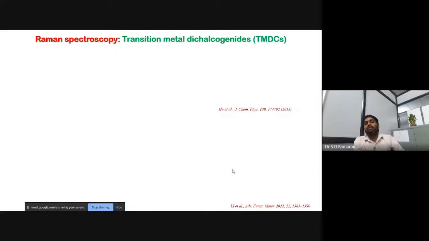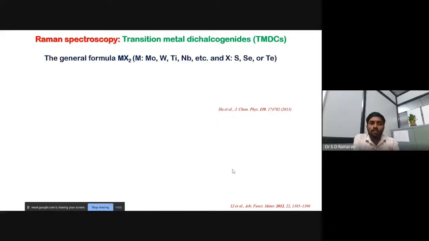And the next class of materials, as I mentioned, is transition metal dichalcogenides. After graphene, these materials are gaining a lot of attention. The general formula is MX2, where M is molybdenum, tungsten, titanium, niobium, and so on.